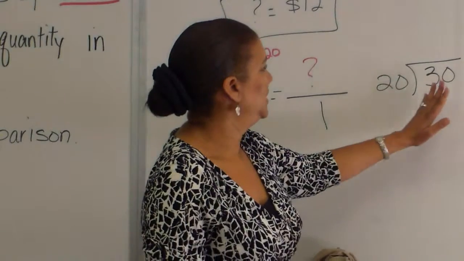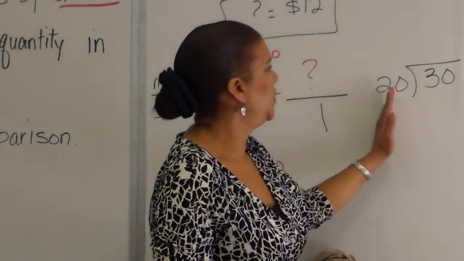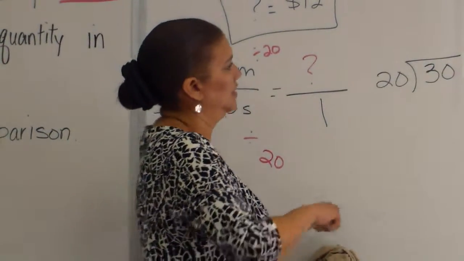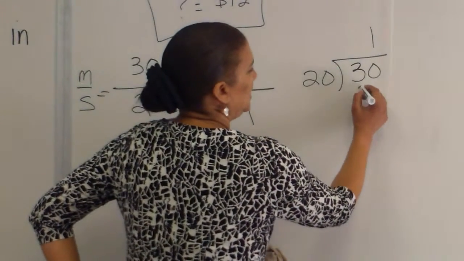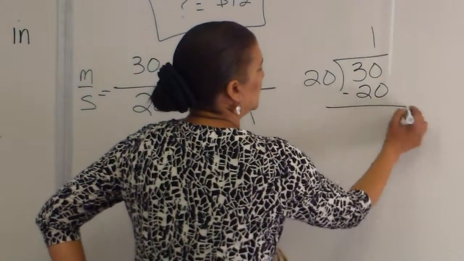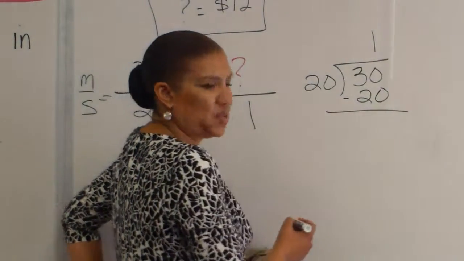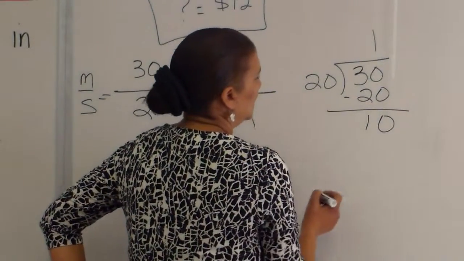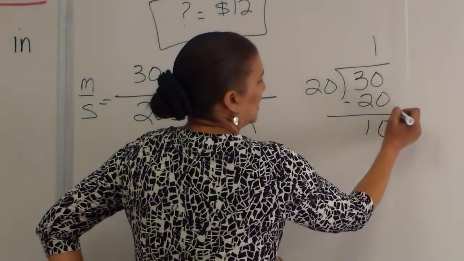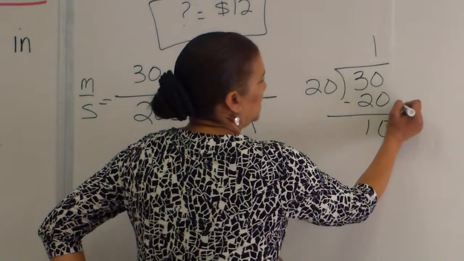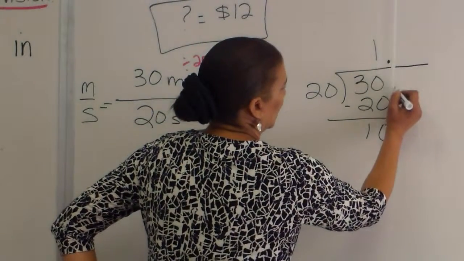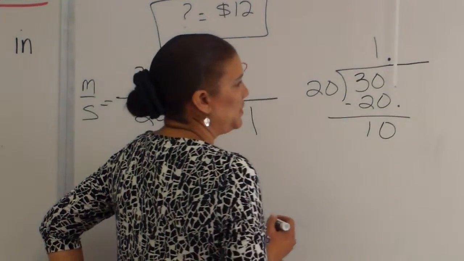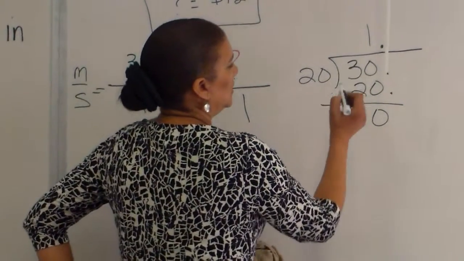No. 20 does not go into 3. Does 20 go into 30? Yes. 1 times 20 equals 20. 30 take away 20 is 10. Let's put my decimal point here. It's important to keep my decimal points aligned.